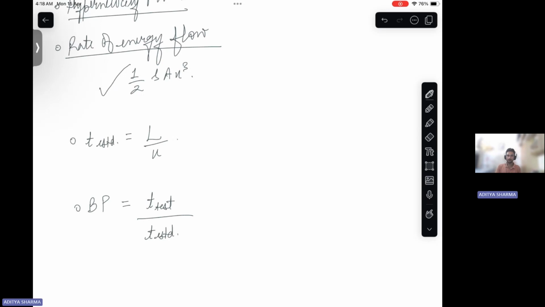So for attached flows, this falls in the range of 3 to 4, and for separated flows, this falls in the range of 20 to 50.